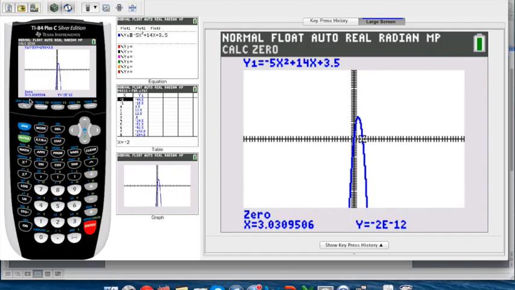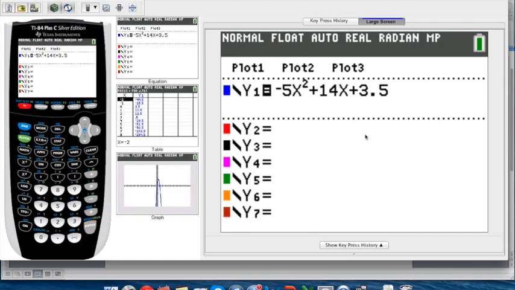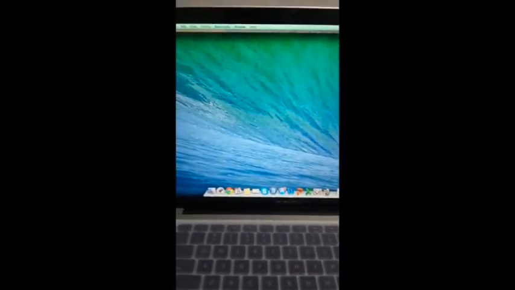Alright, since we figured out the points in the parabola, let's figure out how to factor this equation by hand. Let's go. So let's move on from computer to my notebook right here. Alright, so we got negative 5t squared plus 14t plus 3.5.